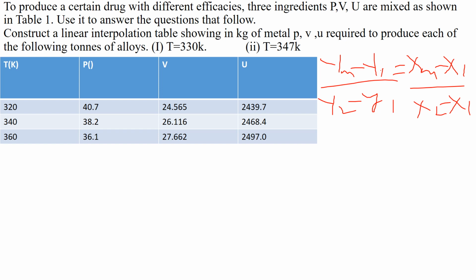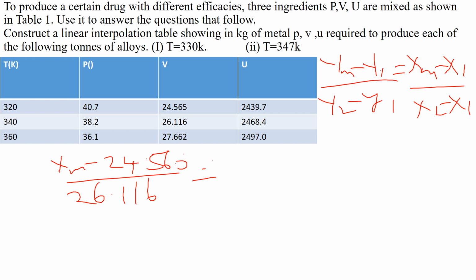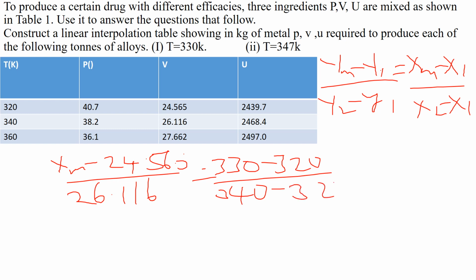We can say that in this case we have ym minus 24.565 divided by 26.116 minus 24.565, which should give us the value equal to 330 minus 320 divided by 340 minus 320. When we divide them, we get 0.5.